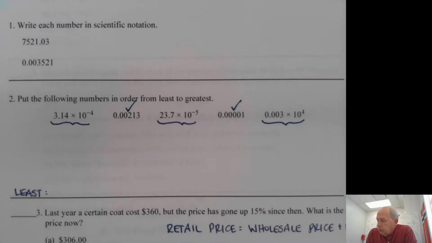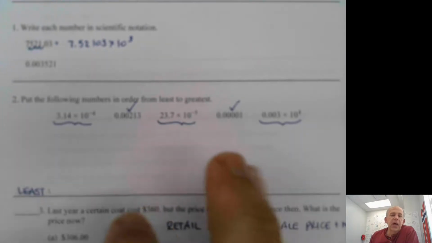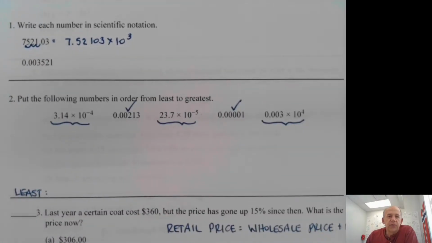So chapter 1. First part of the course, we talked about scientific notation, converting numbers from ordinary decimal to scientific notation. This first one, I move the decimal place over until I get an a value between 1 and 10, and I move the decimal over 3 places, and there is your answer to the first one.